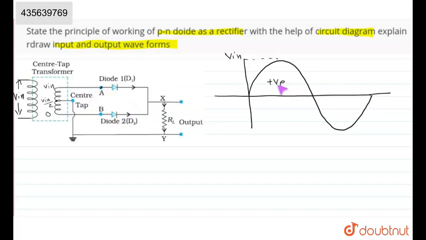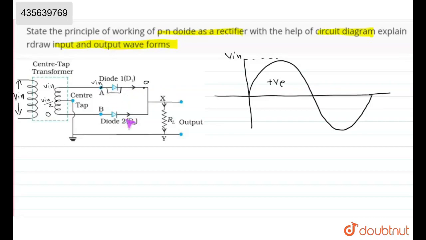When we have the positive part of the V in, then this diode is short circuited, as here we have V in and here we have 0.